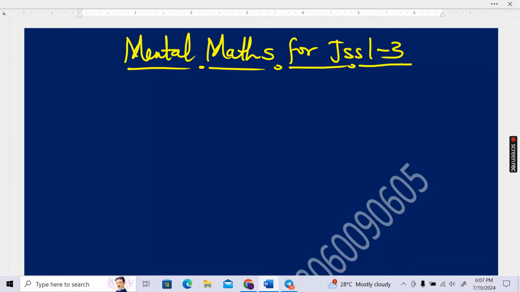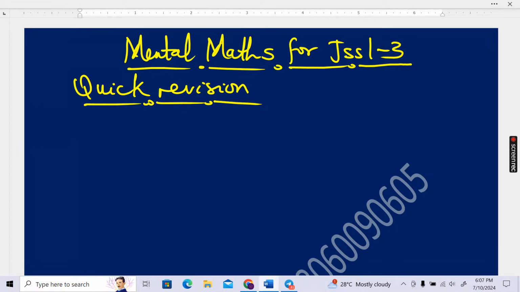Before we learn a new concept, we will have to do a quick revision of what we learned, so no one forgets, all right? Okay, so we learned how to divide by powers of 10. We learned positive and negative powers of 10. Now let's look at the positive powers of 10.